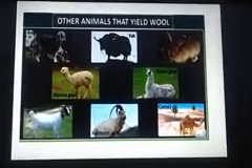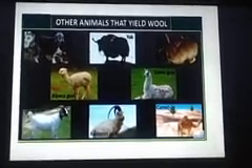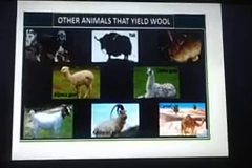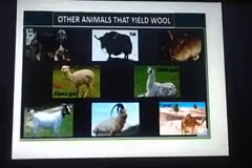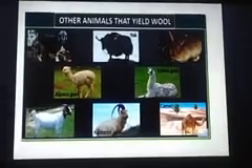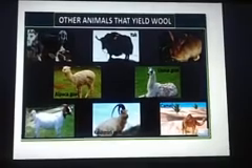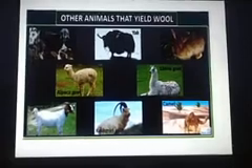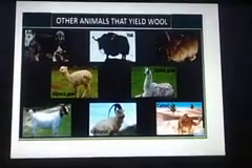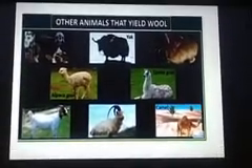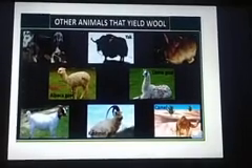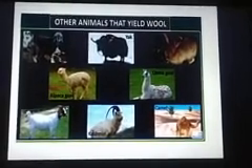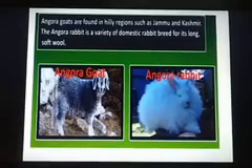Alpaca and llama are found in South America. There is Angora goat, Angora rabbit, even camel, and the Kashmiri goat of Jammu and Kashmir, they are very famous for their soft wool. So these are the animals which yield good quality of wool.